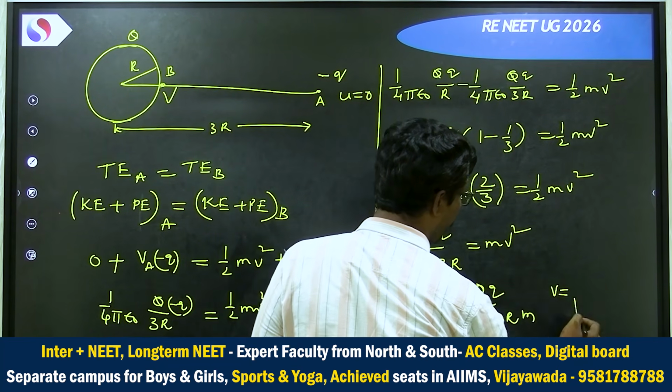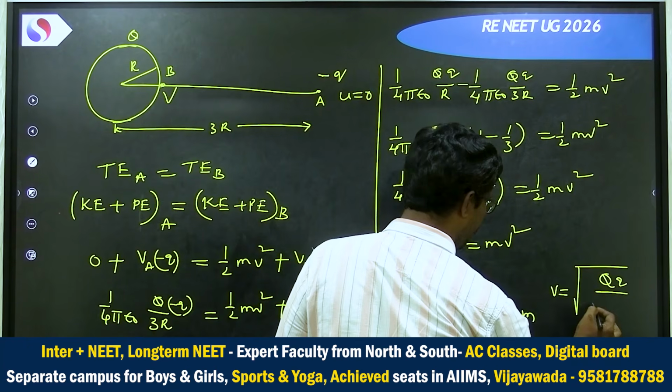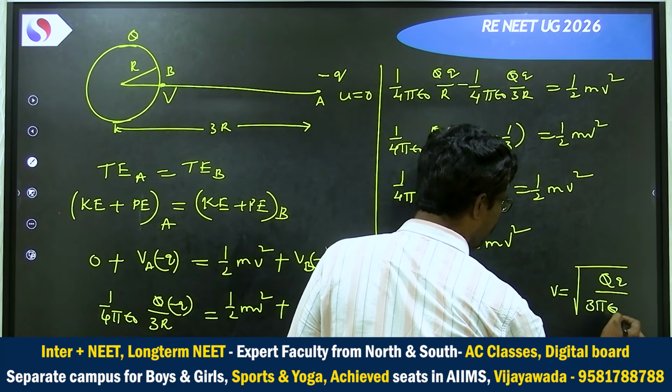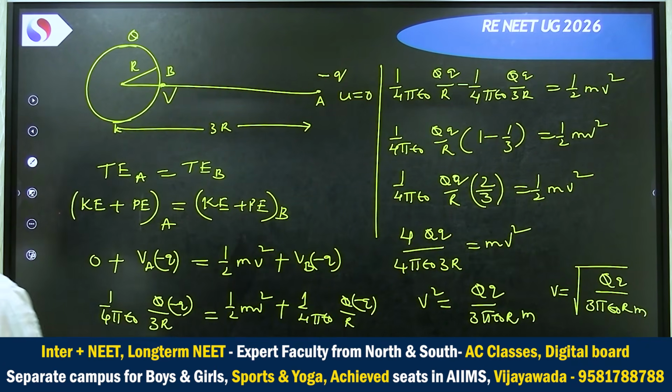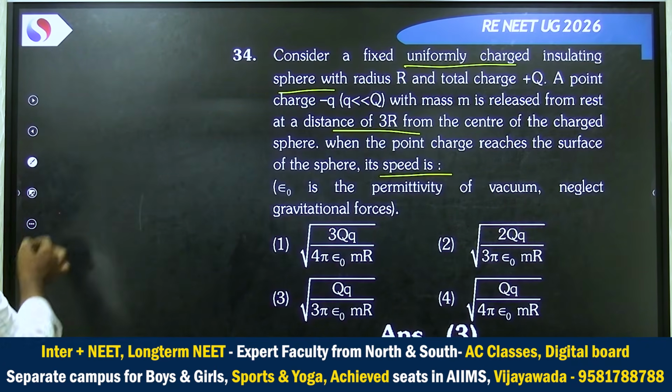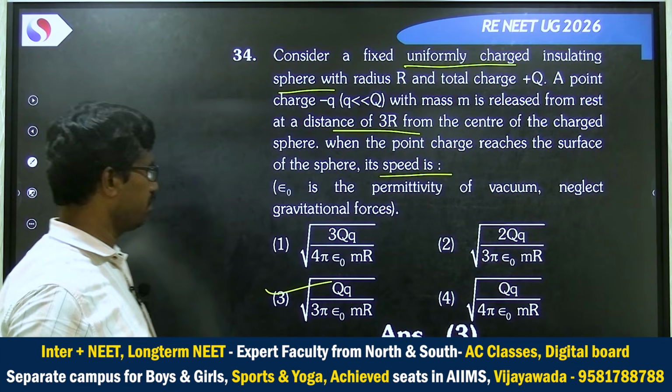Finally, we got the velocity V, and this is our answer. Our answer is 3. This is the final answer.